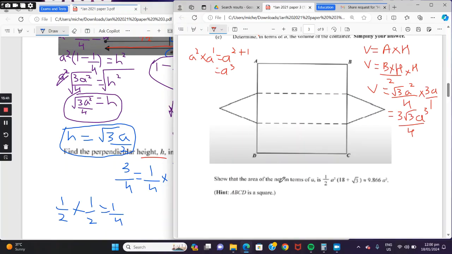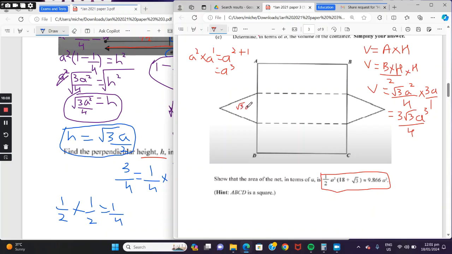So I show that the area of the net in terms of A's is this. So they want you to show this, right? Alright. So we know the area of the triangular part. We already found the area of the triangles, right?